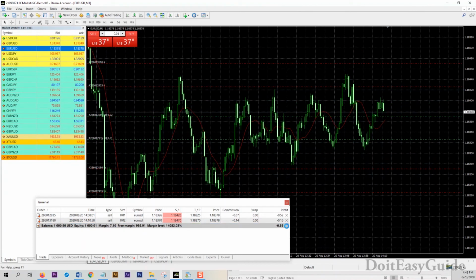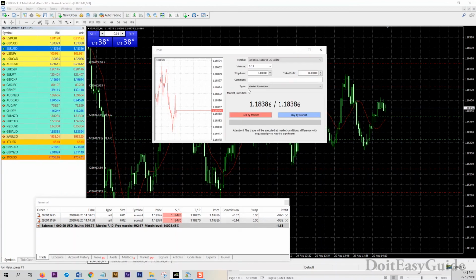So I'm going to close this trade. You can simply click on this cross mark and close the trade. Let me put another trade. Let's go with the maximum lot size.